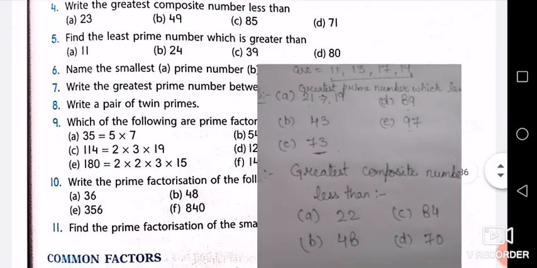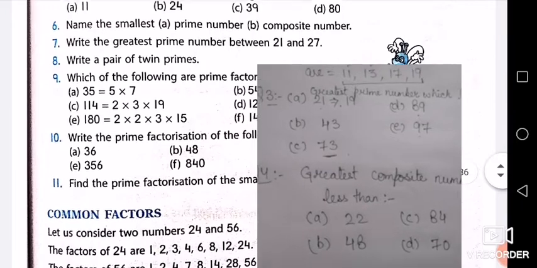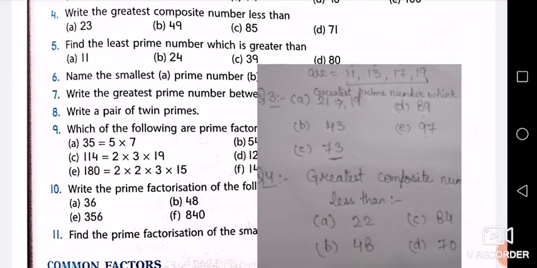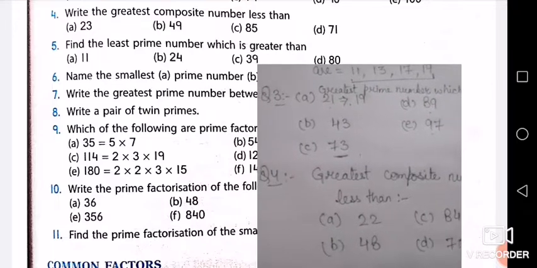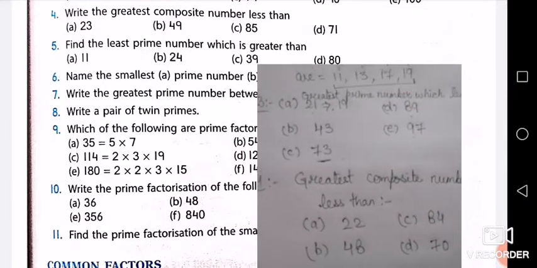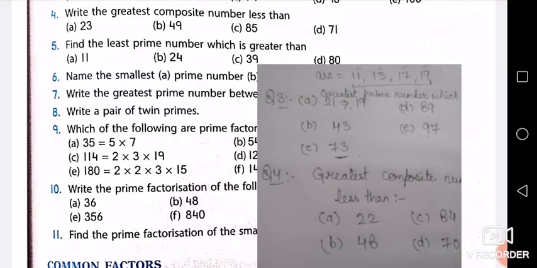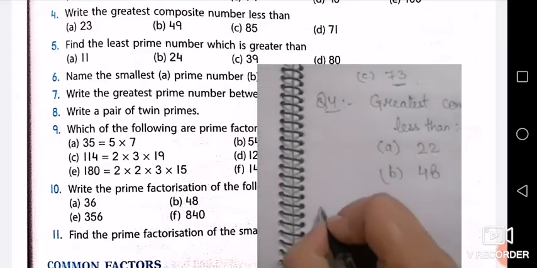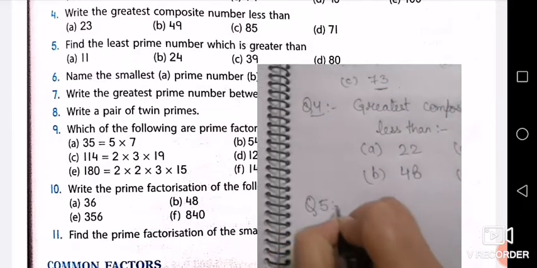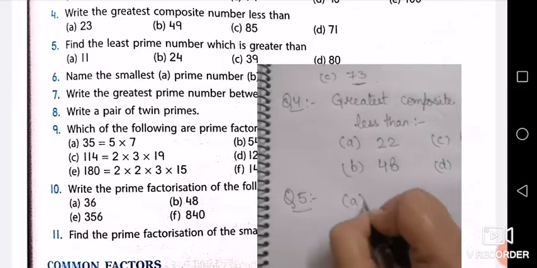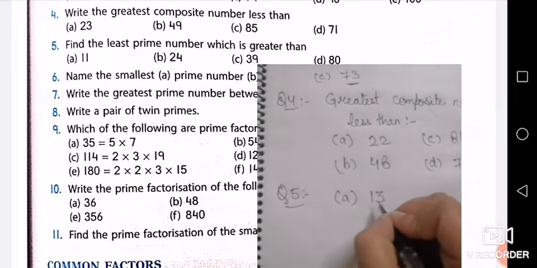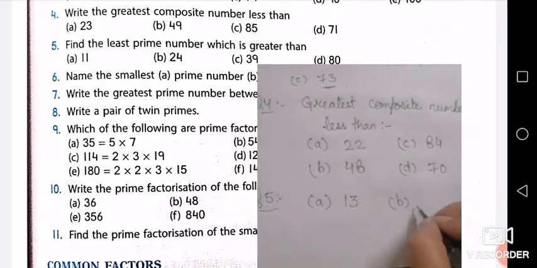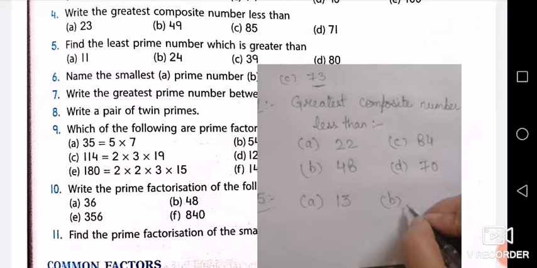Okay. Now, question number 5. Find the least prime number which is greater than the given number. Now again it is asking about the least prime number which is greater than 11. After 11, which prime number are we getting? Yes, 13. Fine. And after 24, 25 is a prime number? No. 26? No. 27?